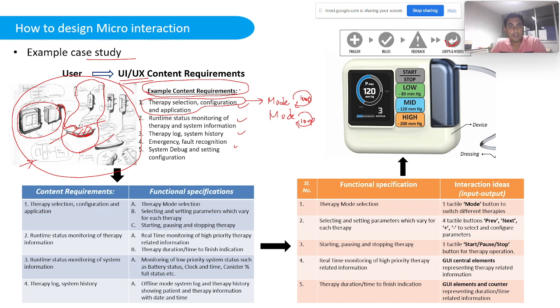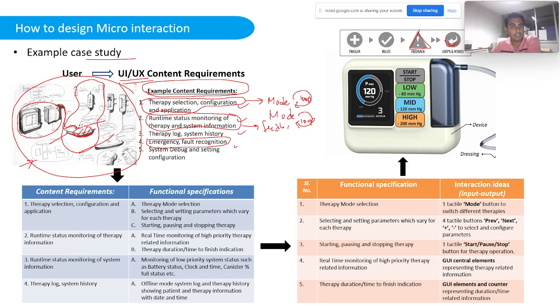Okay. Now runtime status monitoring. Runtime status monitoring means whatever is happening to the system, the information should be visible to the patient or to the doctor. That means we are talking here about feedback. Then again, emergency and fault recognition.